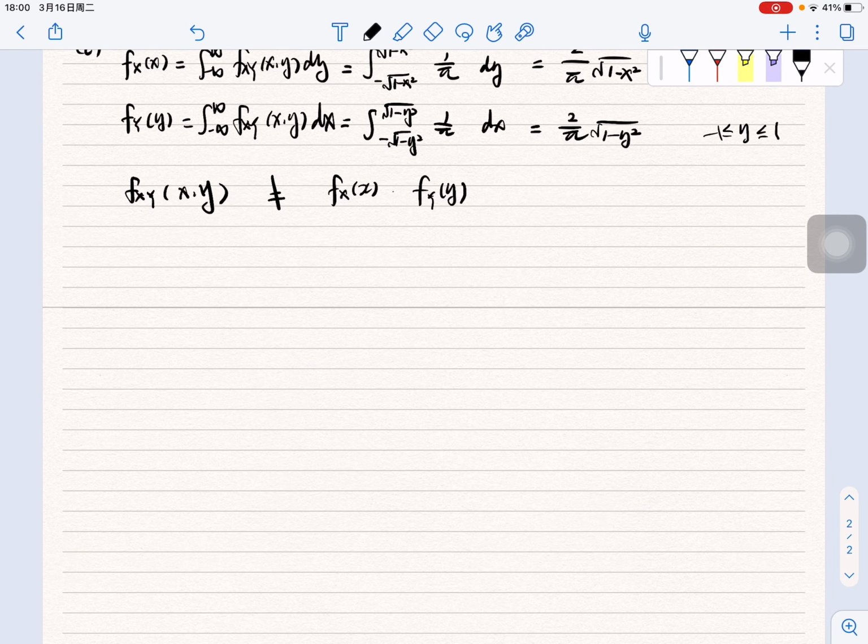And then we know that x and y are not independent, but they are uncorrelated. And this is question C, and that's all.